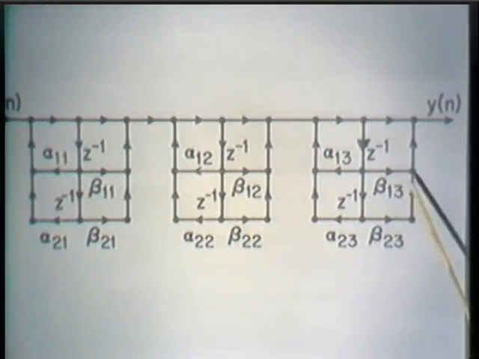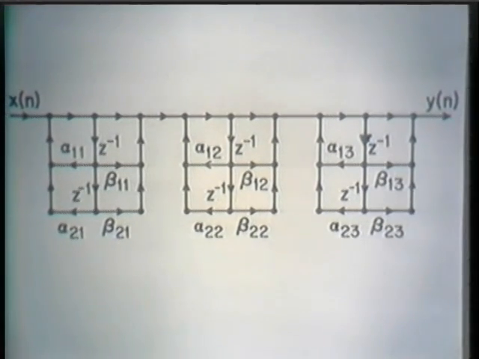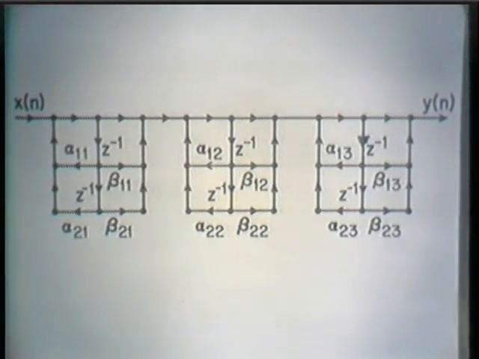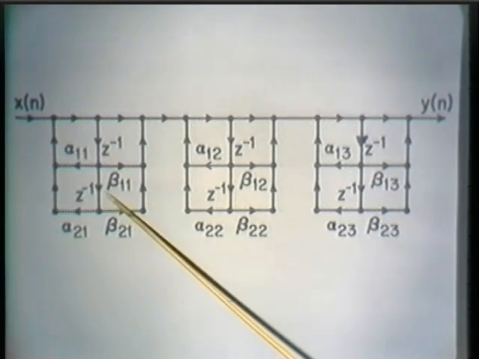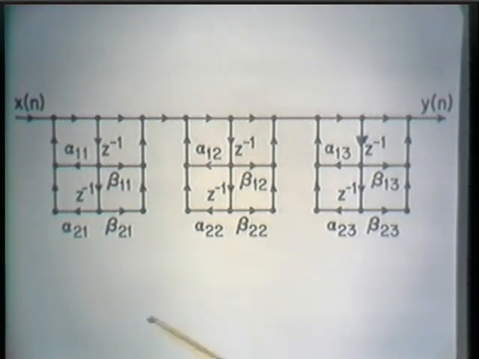And of course, I can generate other cascade forms as one possibility by simply applying the transposition theorem to this cascade. Basically what would result is that each of these delay branches would be reversed in direction, and the zeros would be implemented first, followed by the poles.